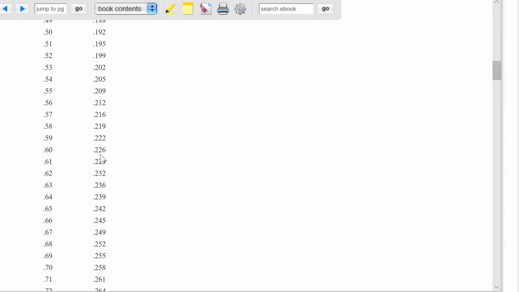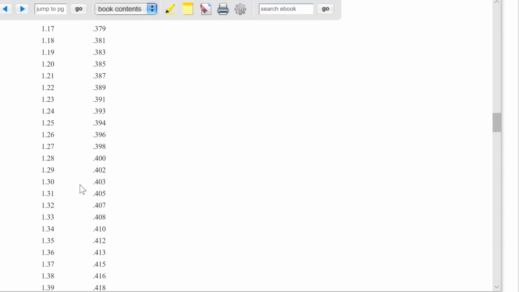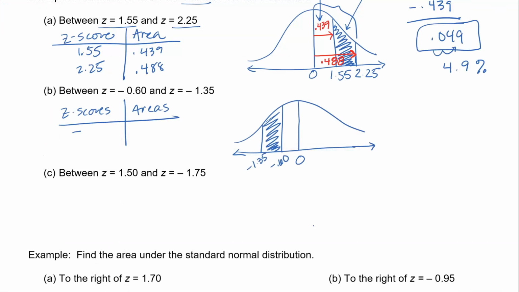So we've got 0.226 for that one. Then if we look up 1.35, we're down here at 0.412. So I'm just going to write those down. Negative 0.60 has an area of 0.226, and negative 1.35 has an area of 0.412.